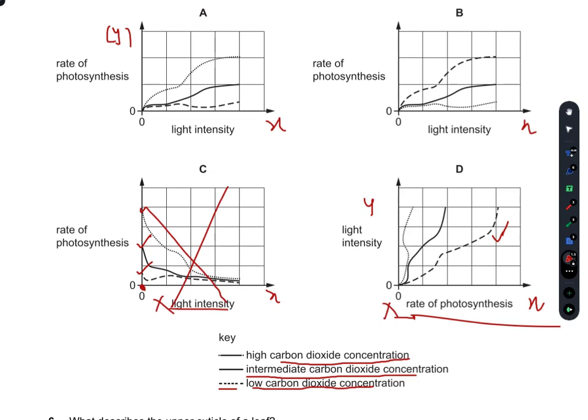Actually, the low carbon dioxide concentration should be at this position, and the high concentration carbon dioxide should be at the position of low carbon dioxide concentration, because the rate of photosynthesis is limited by the concentration of CO2. So high carbon dioxide concentration does not favor the rate of photosynthesis, so D is also incorrect.